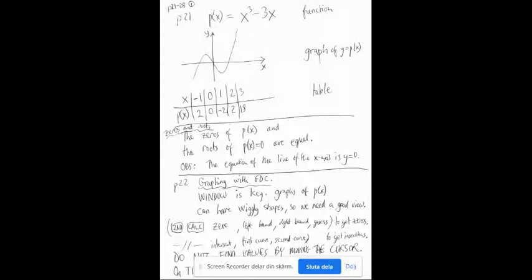Now on page 21, in the box, there's also some key information that is useful to know: when we have a polynomial function of degree n, in Swedish grad n, then there's a maximum of n zeros.